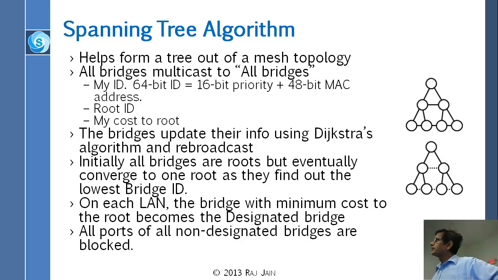Now, how do you find the root? The way you find the root is that the bridge with the lowest MAC address is the root. Is the lowest bridge address. If there are multiple, you take 2 things. You take their root priority, so you give everybody a priority. I have the highest priority, I have the lowest priority. The lower is better.